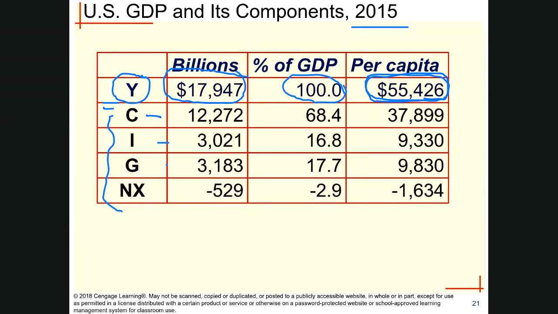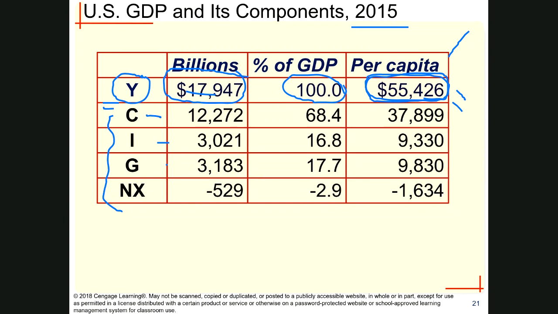We know that's an average: somebody like Bill Gates might have 5 billion, somebody living under the bridge has 0, somebody maybe has 100,000, somebody 10,000. But on average, when we divide this $18 trillion by population, we come up with per capita income.